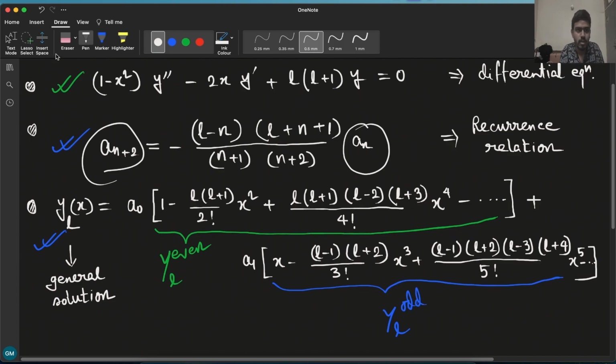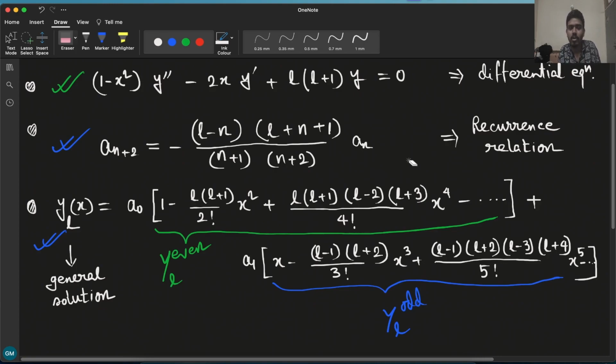But if you look at either of these even or odd series, the recurrence relation connects two consecutive terms, because for the even series it is just n equals 2 and n equals 4, so a4 and a2.